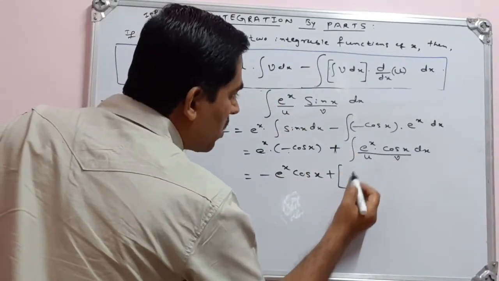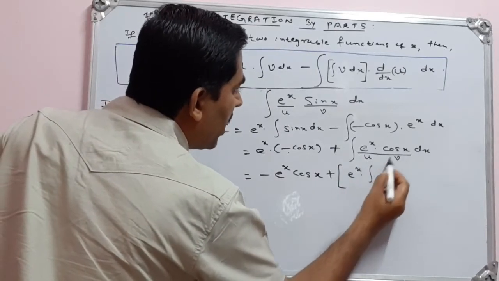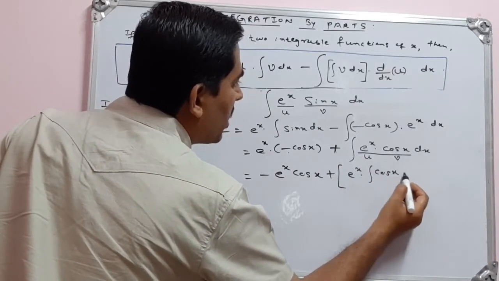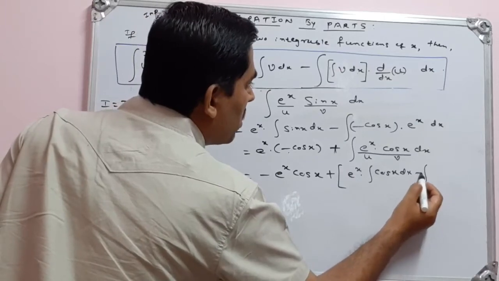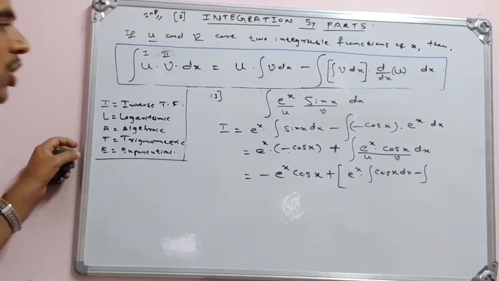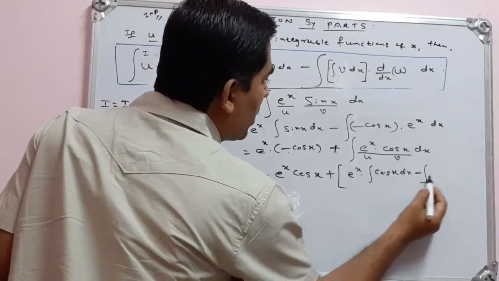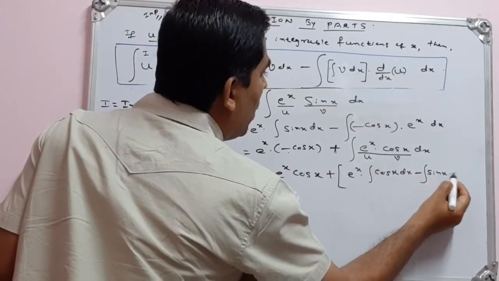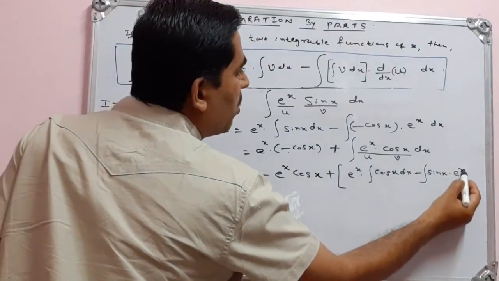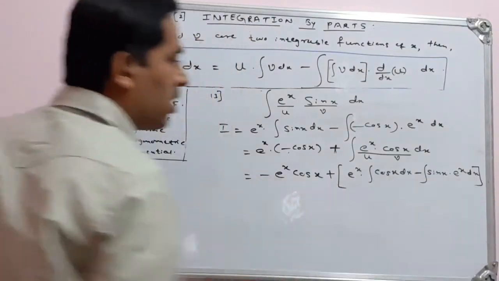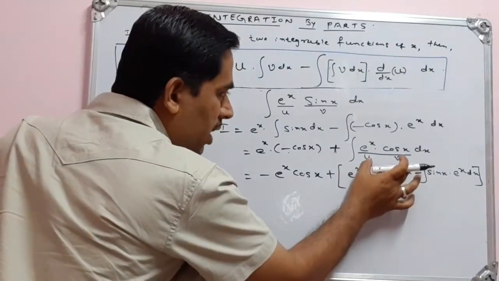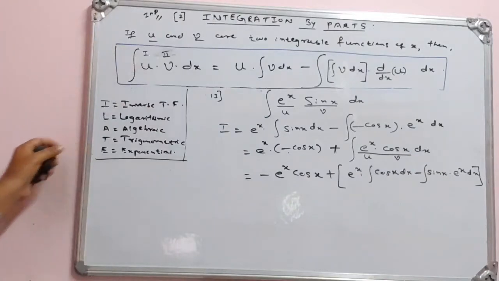First function is e to the power of x into integration of second function, which is cos x, minus integration of, integration of cos x is sin x, into the derivative of e to the power of x, which is e to the power of x. I have applied integration by parts to this part inside the bracket.